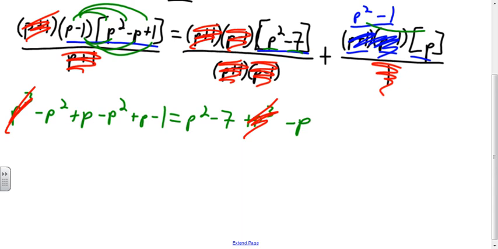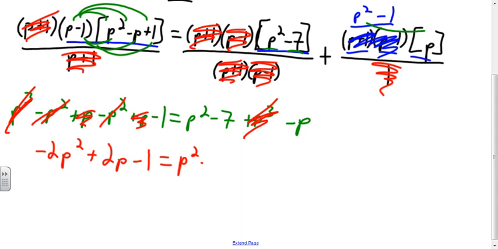Those are the only ones that can actually really cancel out. From here, we'll combine all these like terms. So this becomes minus 2p squared. That was from here and here. This is plus 2p from here and here. And minus 1 equals p squared minus p minus 7.